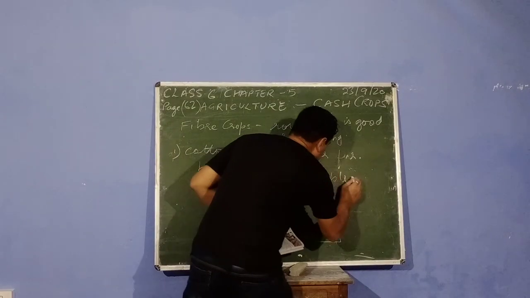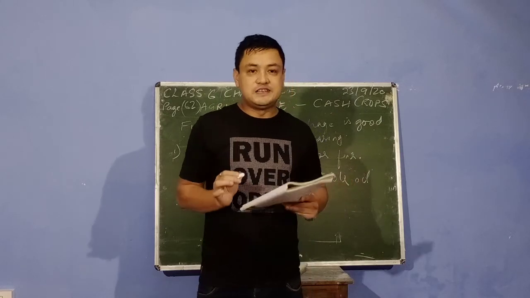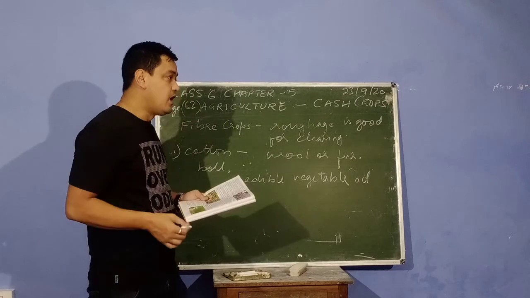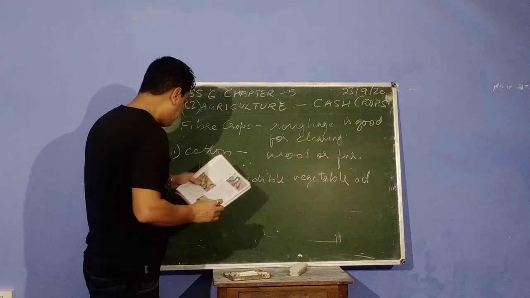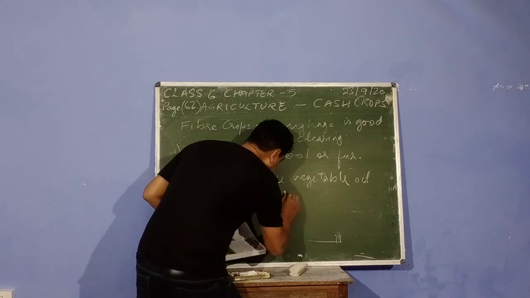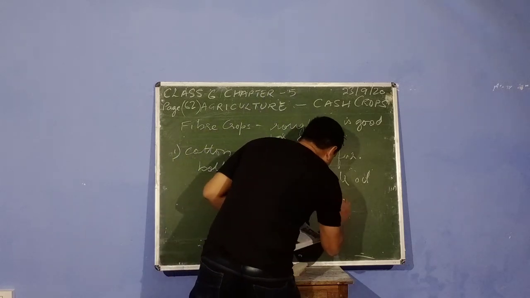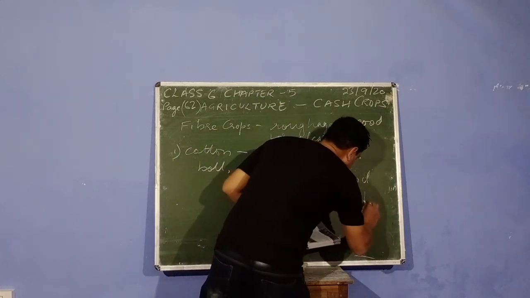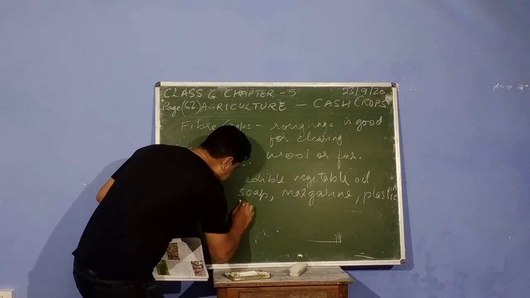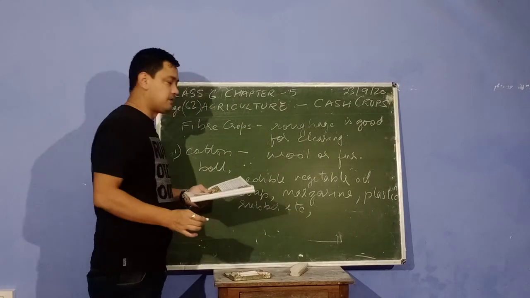Whenever I am talking about this edible vegetable oil, I am talking about cotton seed oil, which can be used to make curry, etc. Products like soap are also made from cotton, as well as margarine, as well as plastic and rubber. There are other things also which are made from cotton plants.